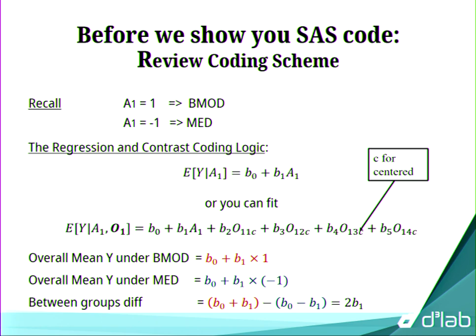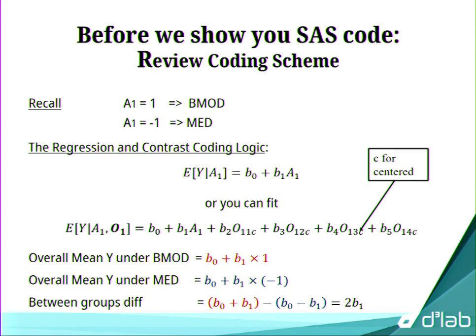You do the same thing to get the expected school performance under medication. Instead of A1 equals 1, just use A1 equals minus 1. Just replace A1 with minus 1 to get the expected outcome under medication. You see that? Okay.